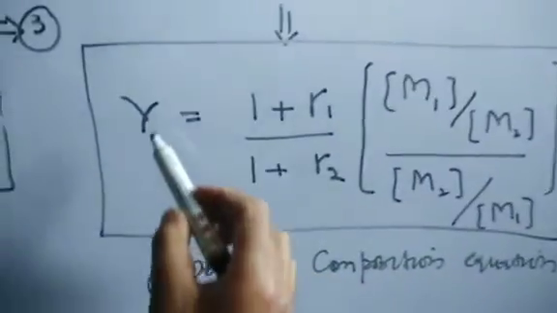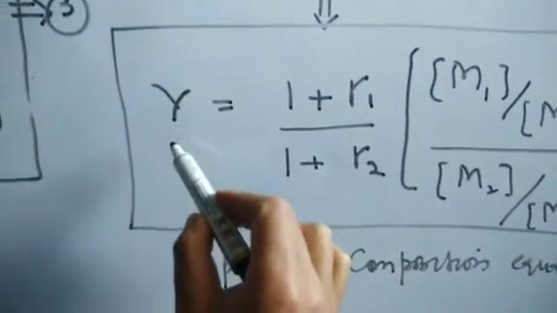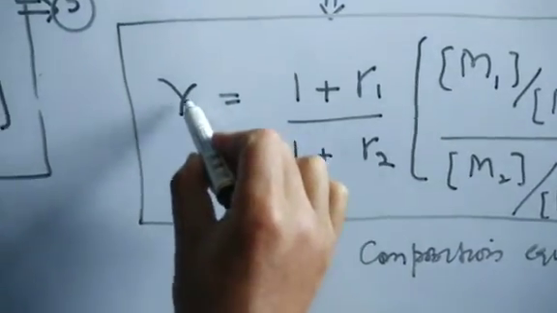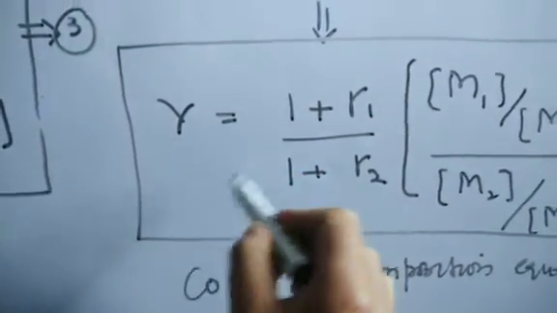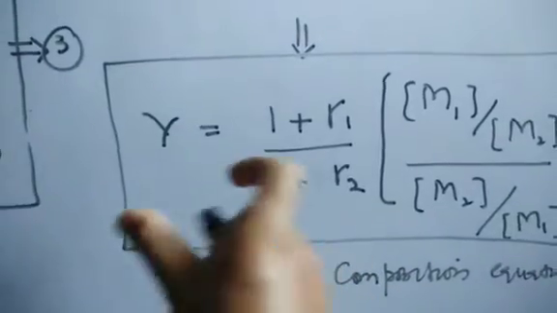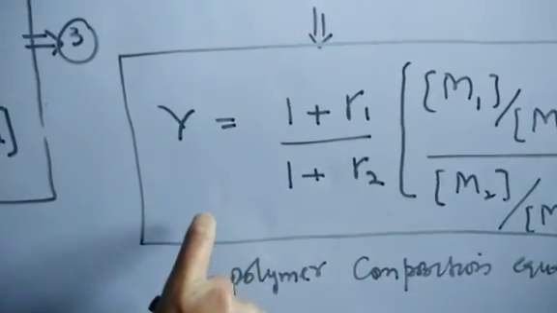What this gives us is the ratio of monomer M1 in a particular copolymer. That depends on how many monomers will be there in a particular copolymer.